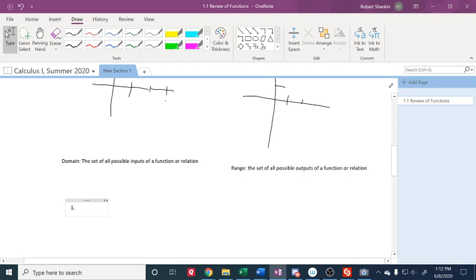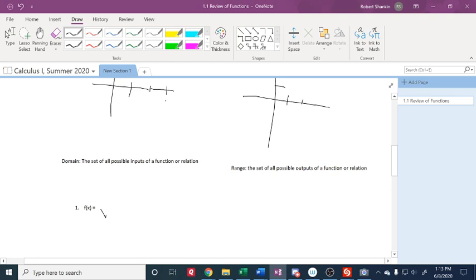Problem 1, f of x equals the square root of x. I'm going to write this in for speed's sake.